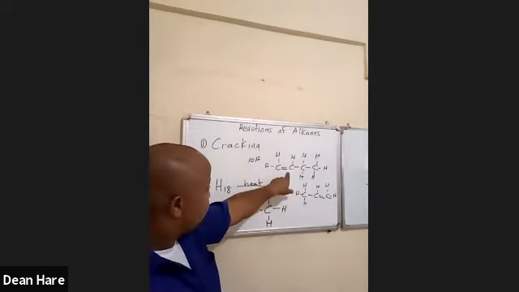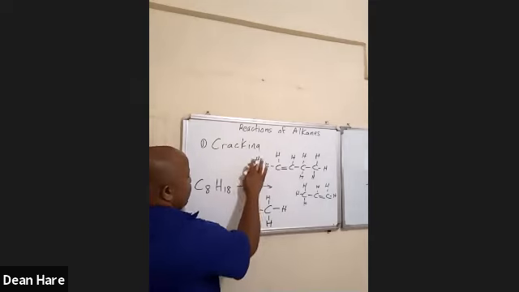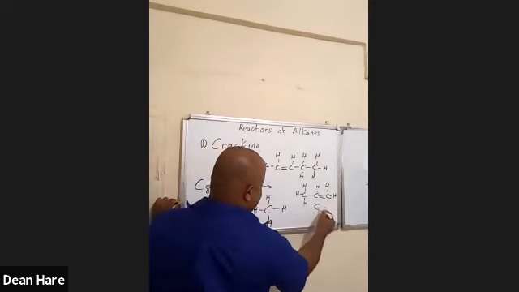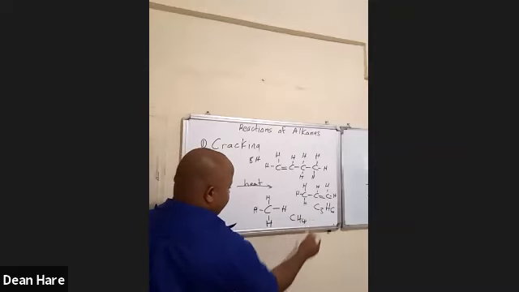This structure is now C4H8, 3 and 3, 6. So we have 8 hydrogens. This one is C3, should be H6, 2, 4, 6, and this is CH4.